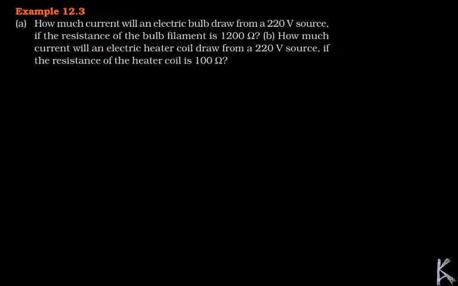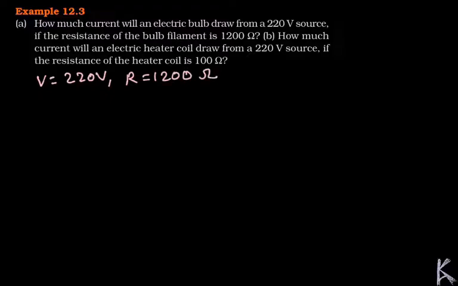Okay, so we'll come to this question, example 12.3 from the NCERT. How much current will an electric bulb draw from a 220 volt source? What is given here? We have to write it. V is equal to 220 volt, if the resistance of the bulb R is given as 1200 ohm.